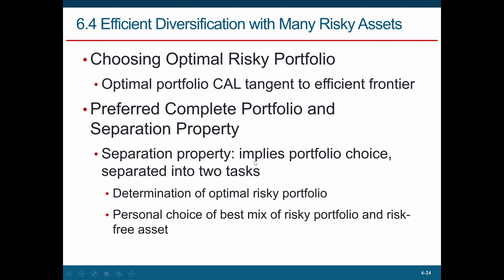So two separate decisions together will lead to this optimal choice of your portfolio. One is purely mathematical, determining the composition of this optimal risky portfolio, and the second one is the allocation between this risky portfolio and risk-free asset, that is dependent on your risk preference. So that is a subjective decision.